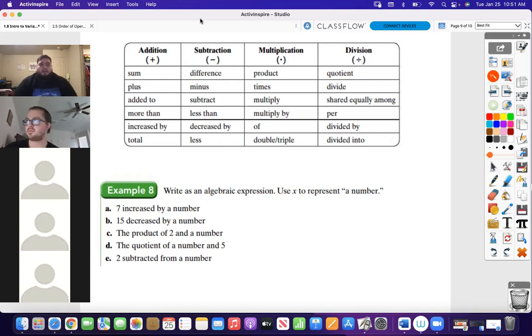All right. Does anyone need more time to copy down the example and the chart before I start working it out? Anyone need more time to copy things down? Because I wouldn't want you to be copying when I'm trying to work it out. I do.